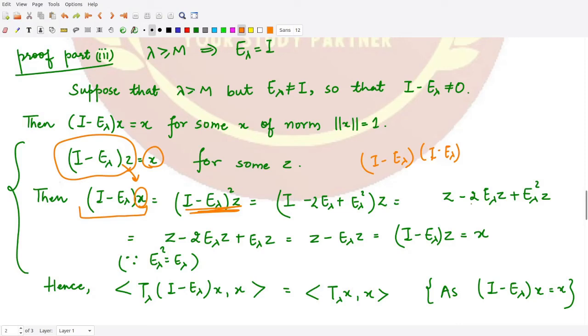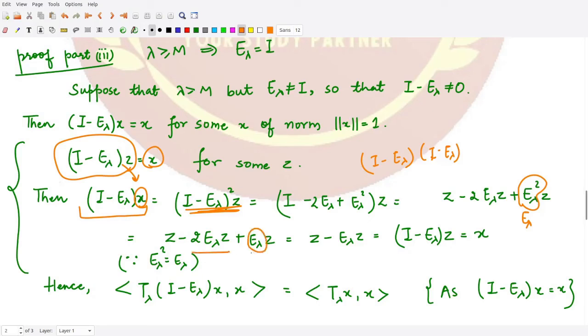So you would have z minus 2 E lambda z plus E lambda squared z, right? And this E lambda squared z is equal to E lambda z only. Why? Because your operator E lambda is a projection, and it is both self-adjoint and idempotent. So because it is idempotent, E lambda squared is equal to E lambda. So let me substitute it here.